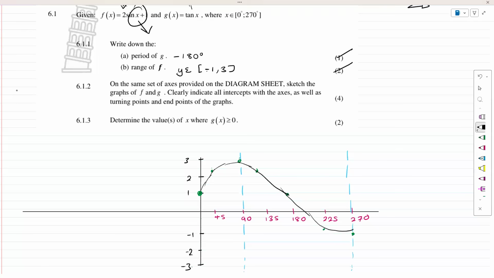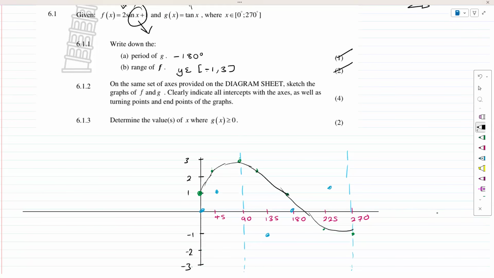But the same thing with the tan graph. This is a really, really basic tan graph, so I don't think any of you would have a problem. But 0 and 0, and 45 and 1, and that's all I know. And then -135 and -1, 0, and there, and that's at 1.